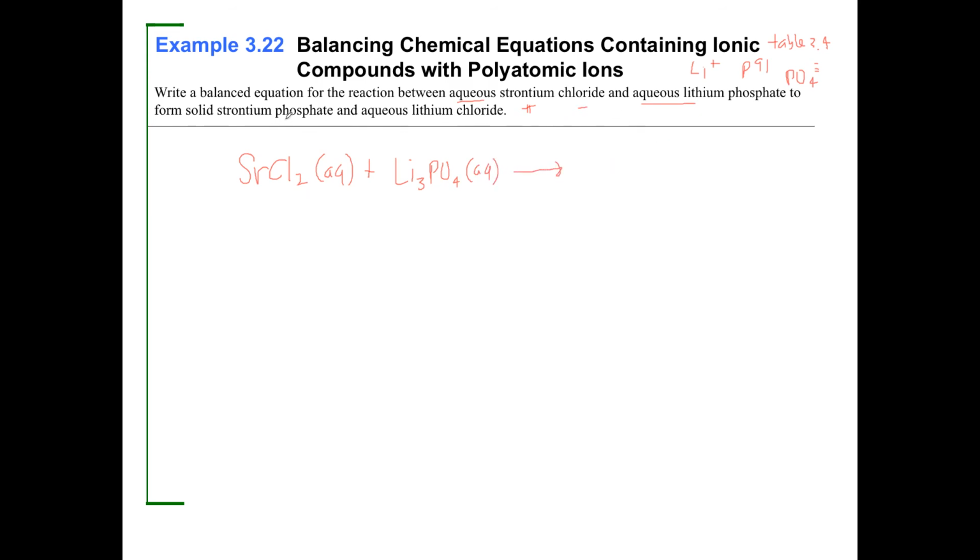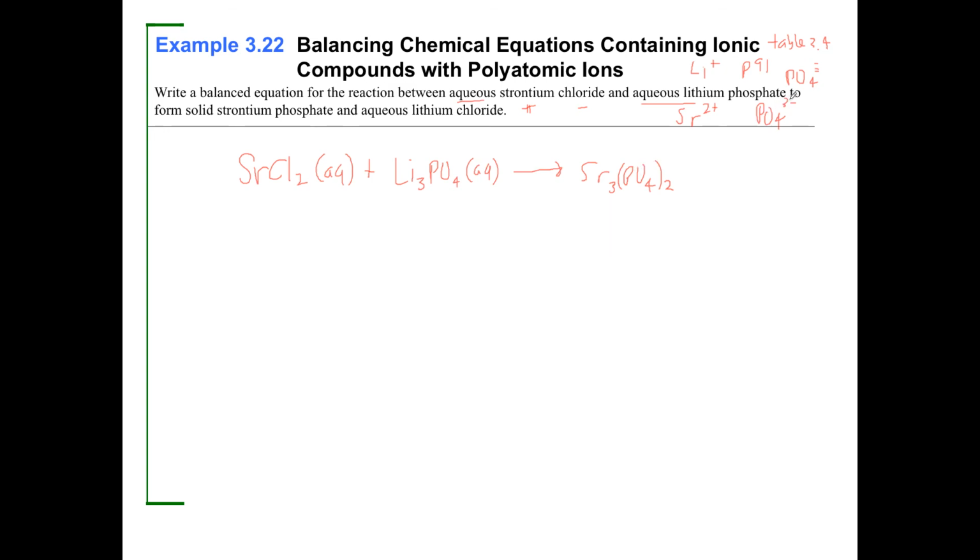Okay, produces solid strontium phosphate, all right? Now phosphate again is PO4 3 minus, and strontium is 2 plus, right? Because it's in the second column. So this is going to have to be strontium 3 phosphate 2. There's going to have to be 2 phosphates, because that was 3 minus.